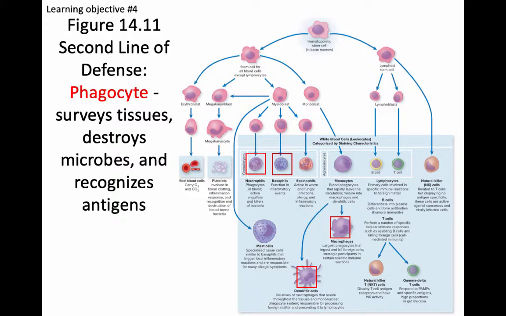So they have the ability to locate and destroy foreign invading microbes. In this figure, I would just like you to be familiar with the types of cells that are phagocytes, but you don't need to know where they derive from.